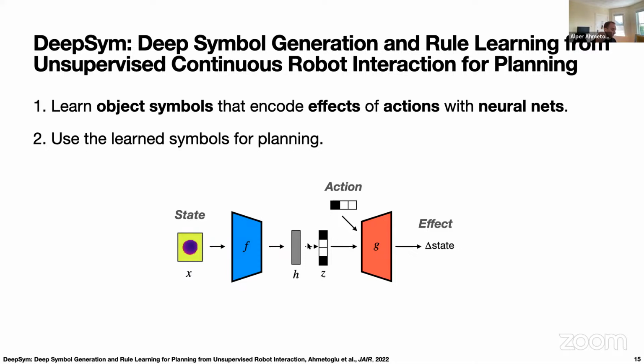The problem, though, is that this operation is not differentiable, and you need to use some sort of approximation technique to get the gradient through this binarized activation. And the decoder, given this symbolic representation of the object together with the action, predicts what happened to the environment, so it predicts the effect that this action exhibited.